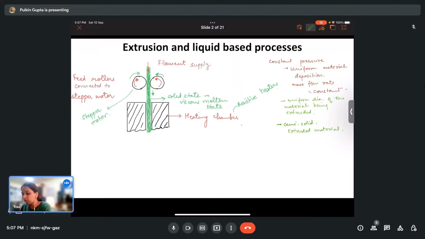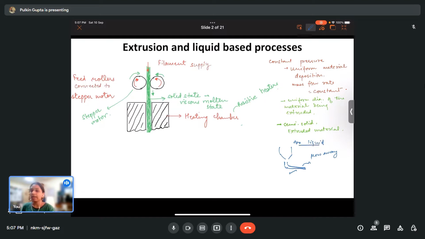For example, water. Suppose this is your nozzle and you are extruding water through it and trying to deposit it in filament form. It will just lose its shape and flow away. So this is too liquid.